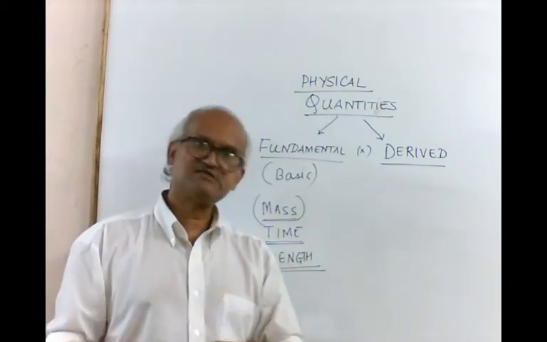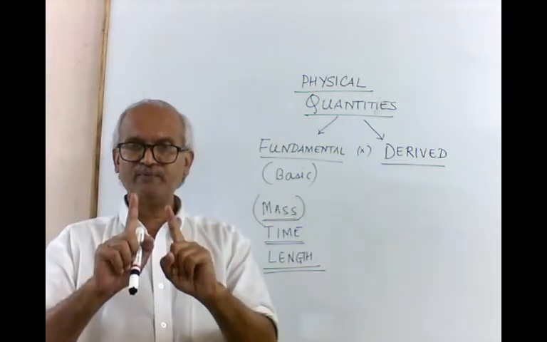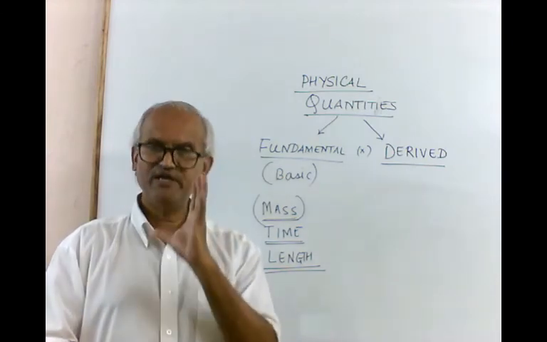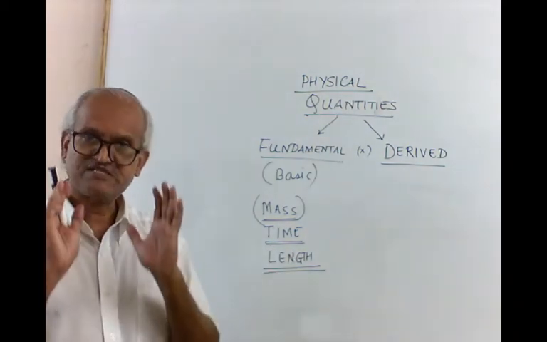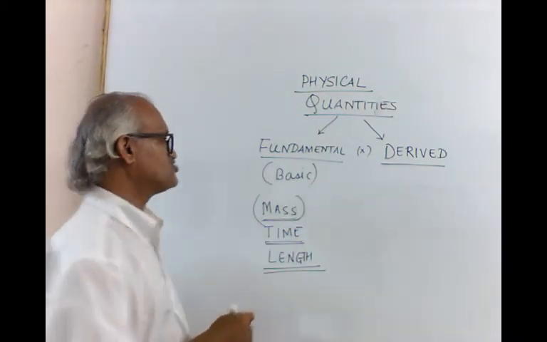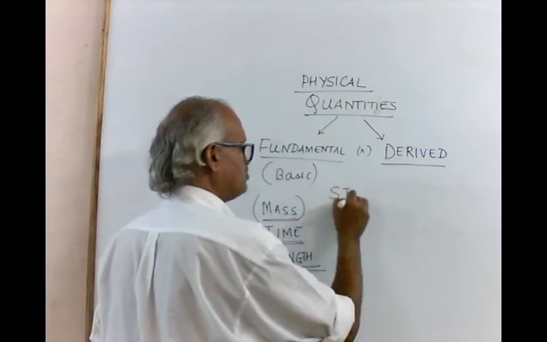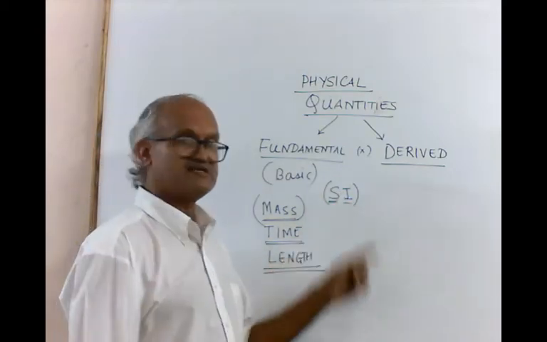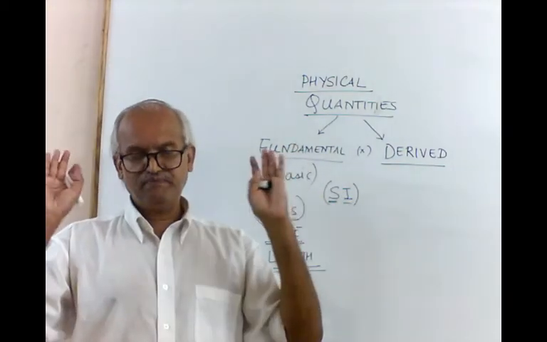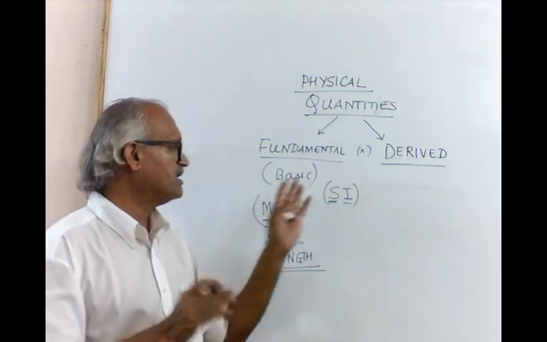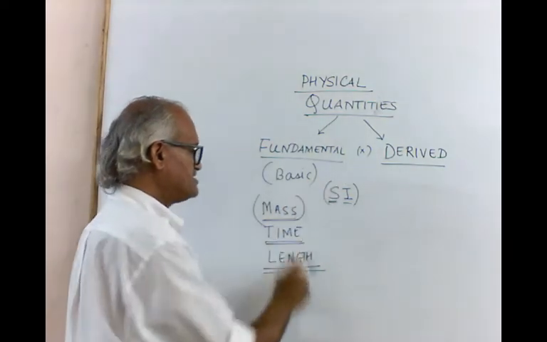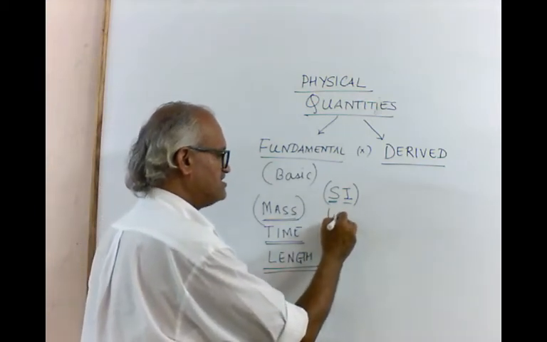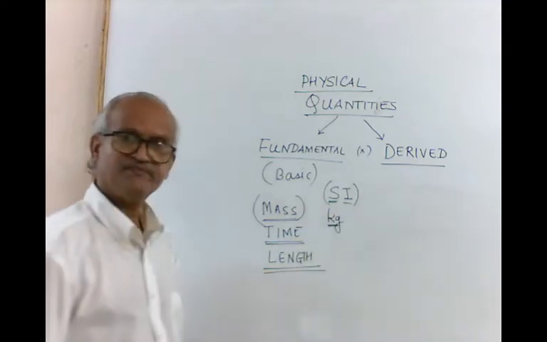By this what we mean is पूरी दुनिया ने जिसको एक यूनिफॉर्मिटी के लिए एक्सेप्ट कर लिया है, मान लिया है, ऐसा एक यूनिफाइड कॉमन यूनिट, that is what we call the standard unit. This happens to be following a particular system called SI, which comes from the French word System International, and that simply means that all of the people of different nations have all agreed upon this use. तो इनके SI units क्या हैं? तो मास के लिए SI यूनिट होता है किलोग्राम, which we generally write as kg.